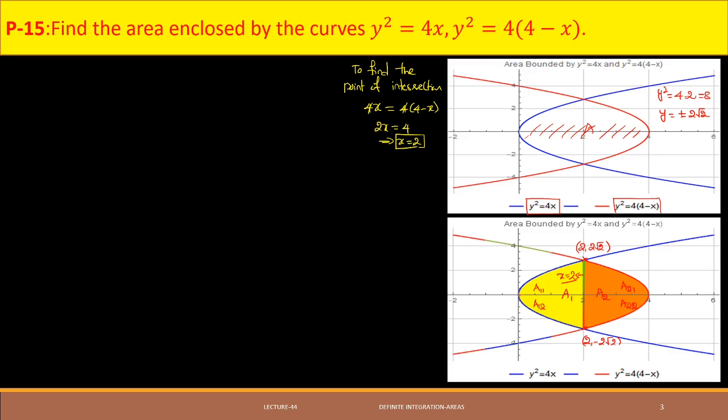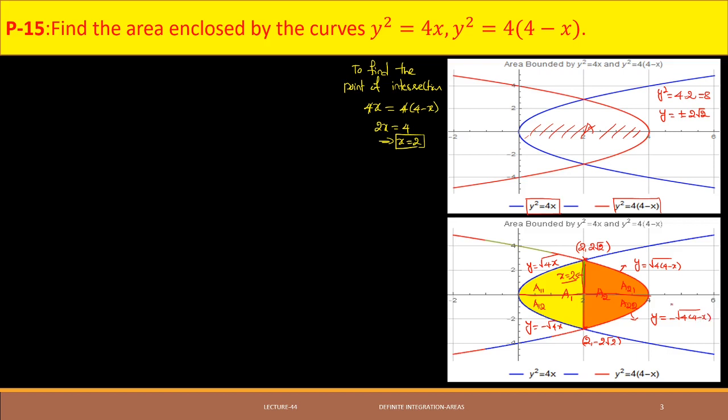Because this portion of the area is under the curve y is equal to root 4x, whereas this is under y is equal to minus root 4x, and this portion is under the curve y is equal to root of 4 into 4 minus x, whereas this portion is y is equal to minus root of 4 into 4 minus x.